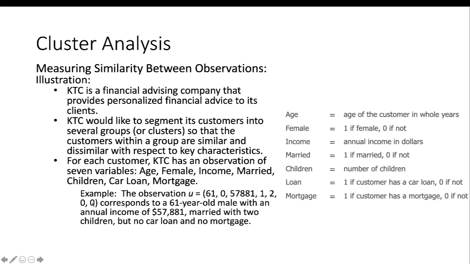As you can see, we have a mix of numerical and categorical variables here. Can you spot which ones are the categorical variables? That's right: female, which is 1 if female and 0 if not, and married, car loan, and mortgage. We say they're categorical because they have a value of either 1 or 0, so it's a Boolean value.